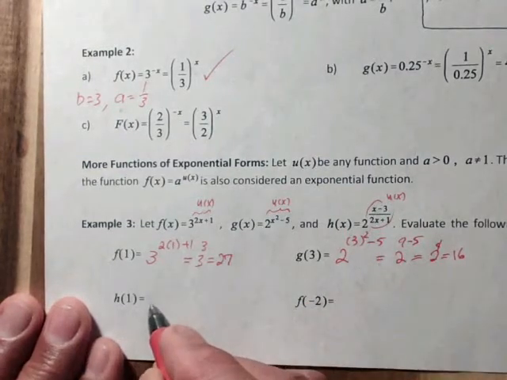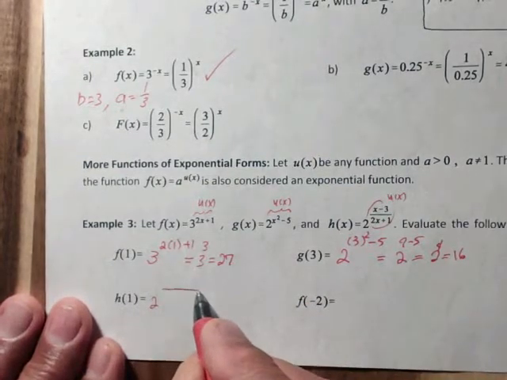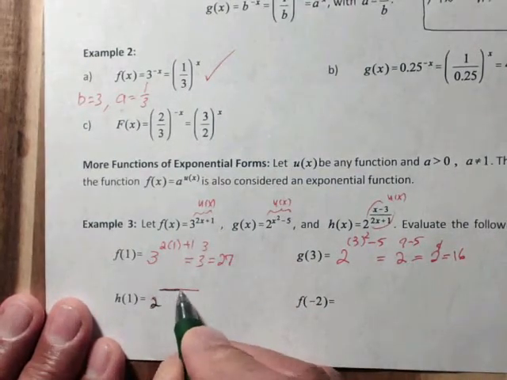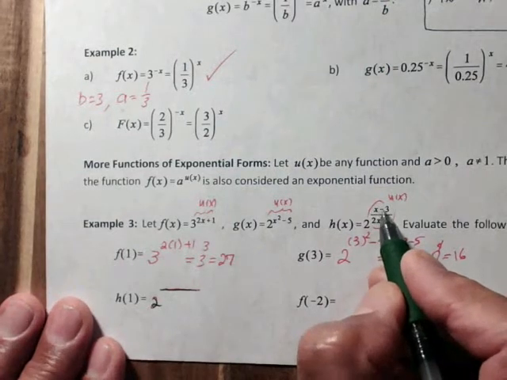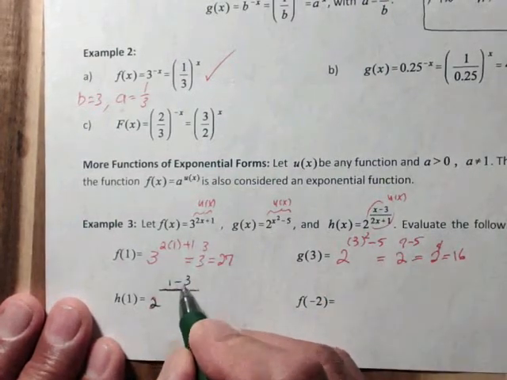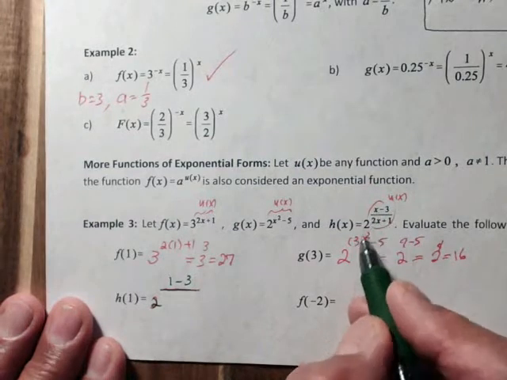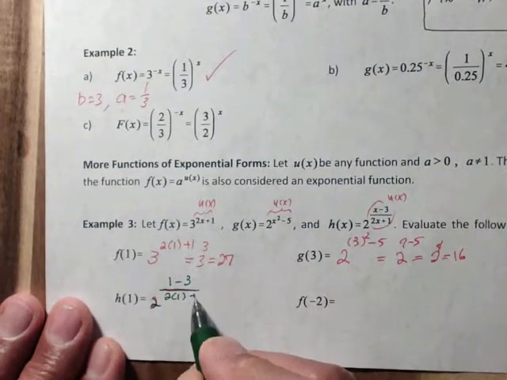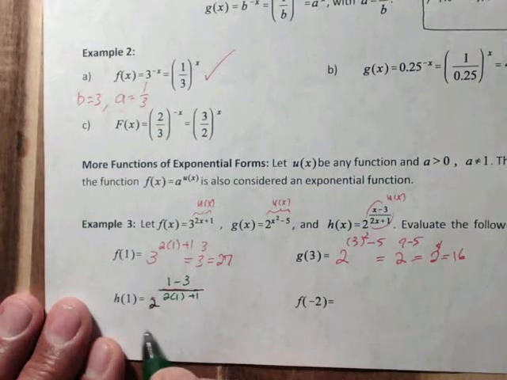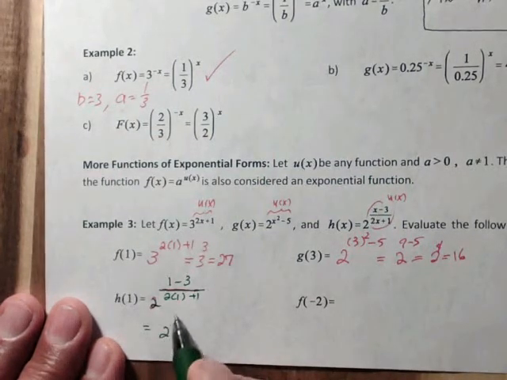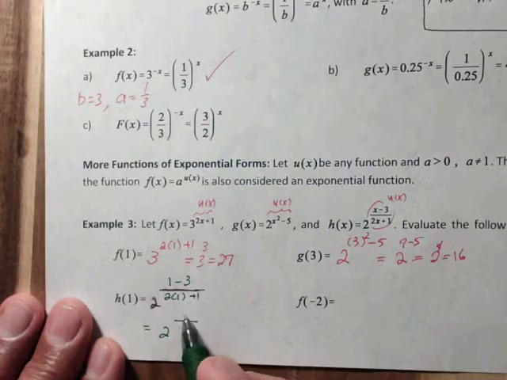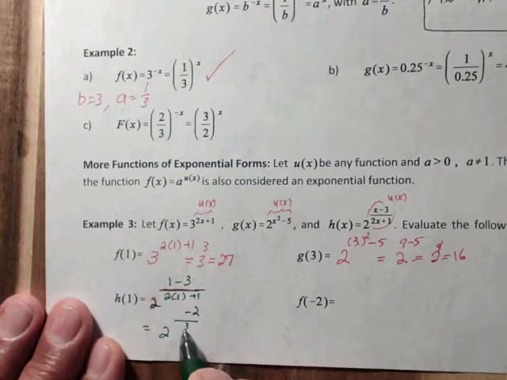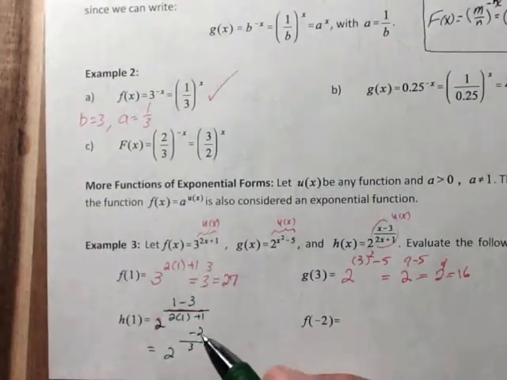So this is going to be 2 to the power, x is 1, so it's 1 minus 3 over 2 times 1 plus 1. If I work this out, I get 2 to the power 1 minus 3, which is negative 2, over 2 times 1 is 2, plus 1 is 3. So 2 to the power negative 2/3.